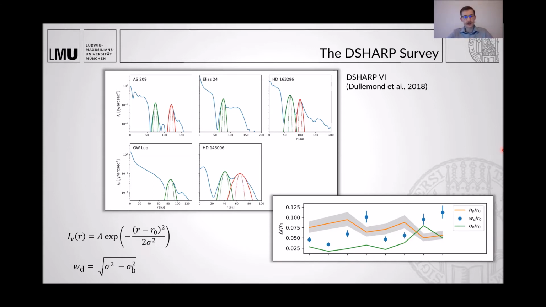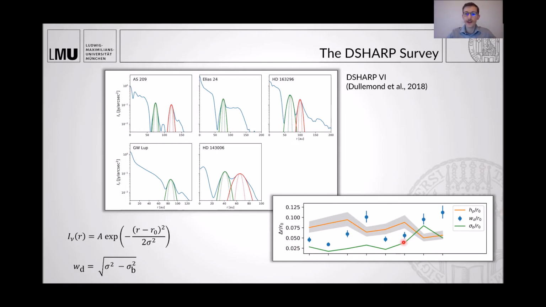Then another idea was, if there are pressure bumps in the gas that are collecting these dust particles, that means the minimum size one of these pressure bumps can have is the pressure scale height, because otherwise it would not be a stable configuration. So he was also plotting here in orange the pressure scale height at these locations.